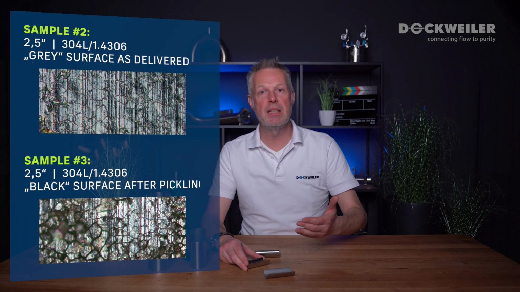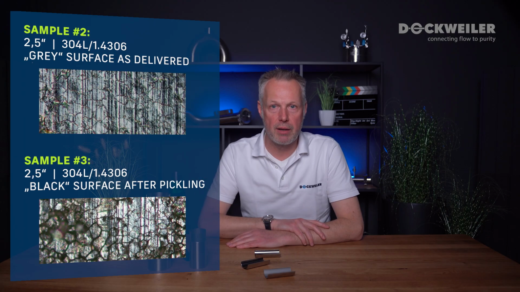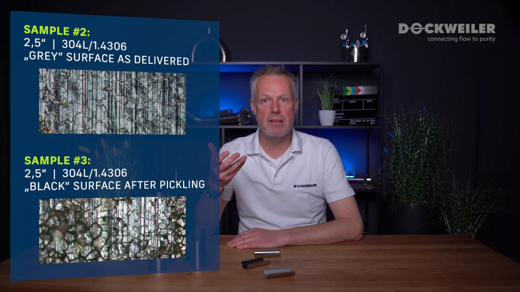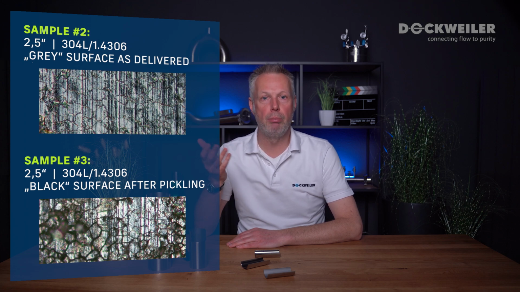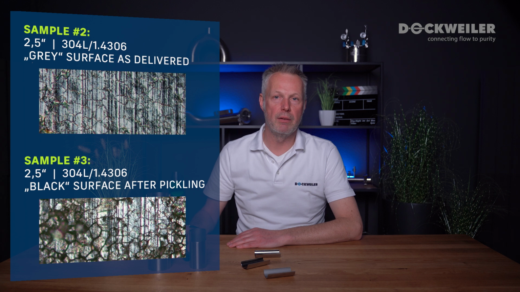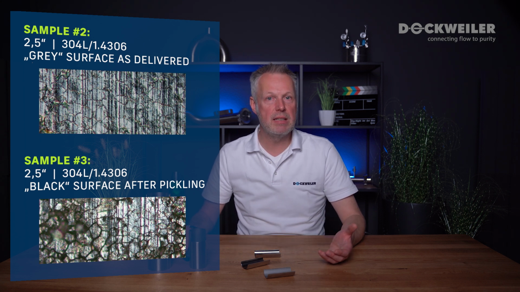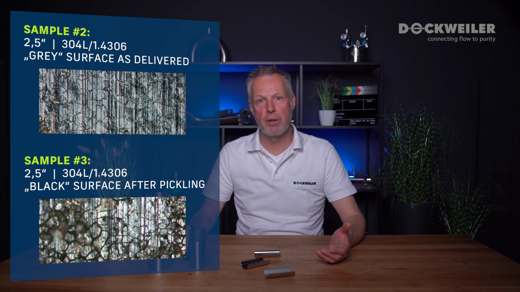And that's what you see in this picture up there. So you can see that the grain boundaries even got more developed and stronger, and that's why these darker areas on the surface became more and more visible. And that's the effect you see in a pickling process.